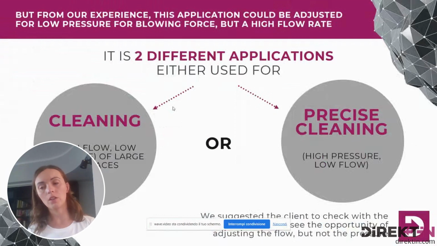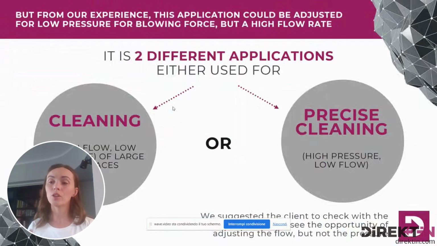Here, a small remark. It is important to always remember how exactly you use your compressed air, because in terms of cleaning or blowing applications, there are two ways to use it. For cleaning large surfaces, high flow but low pressure is required. Another application is precise cleaning.